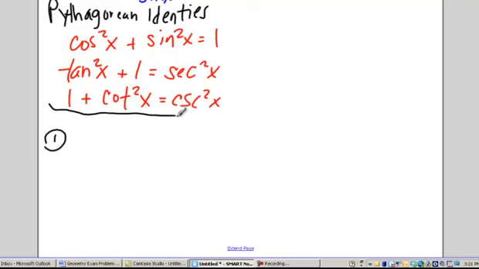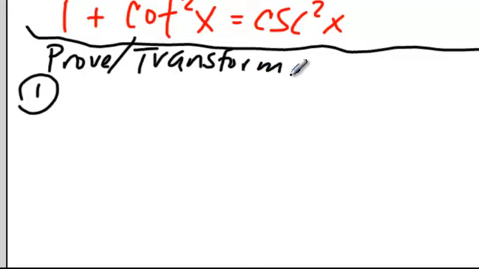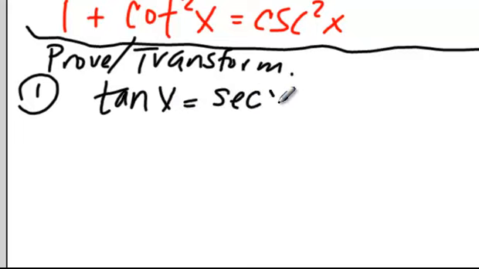For all of these problems, we are going to prove or transform. Okay, so first one, we've got tangent of x equals secant of x over cosecant of x.